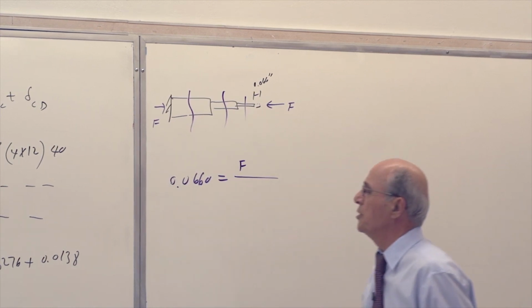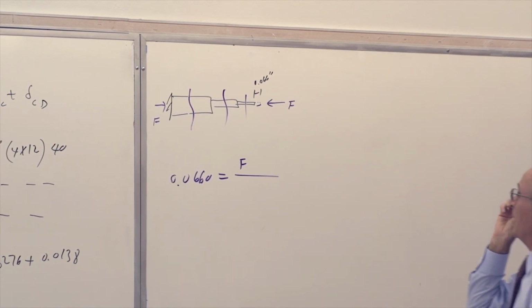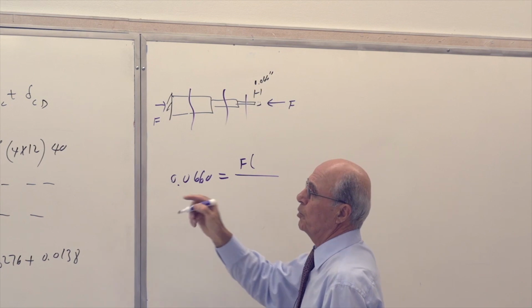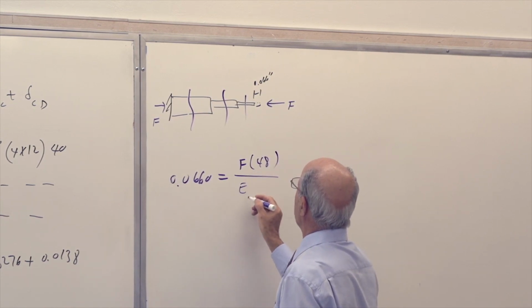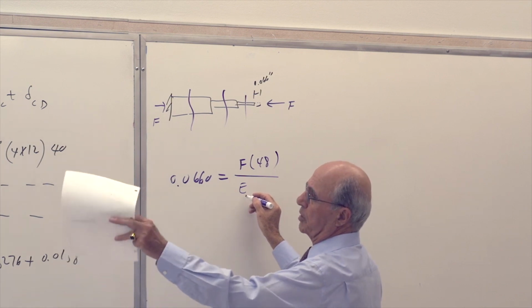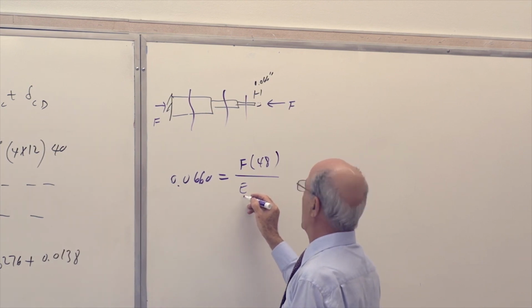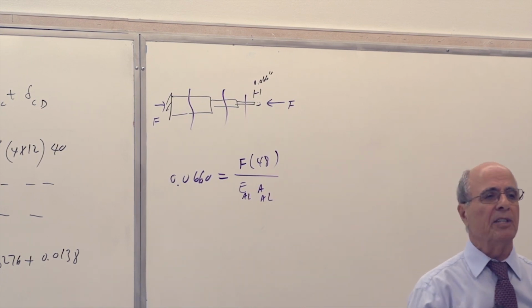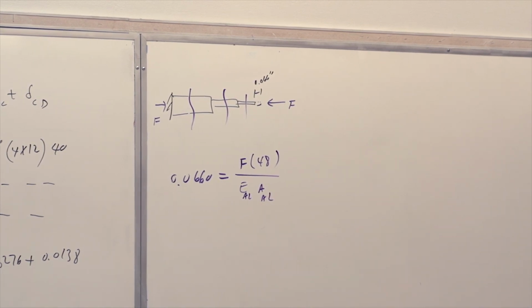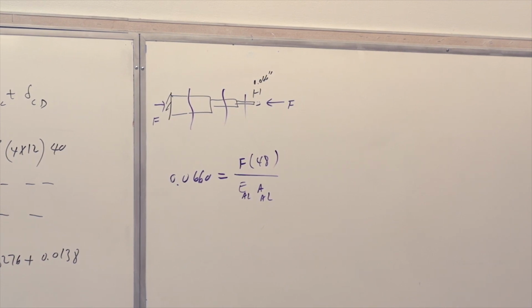That's F times the length, the first length. The length, the first one is 48 inches divided by E of the aluminum, A of the aluminum. I put the numbers there because later on you can plug them in. Is that correct or not? Which is given to you, correct? So the only unknown is F, correct? Because this is aluminum.